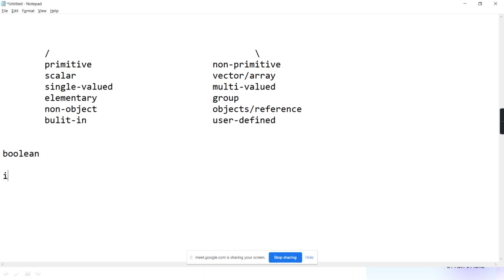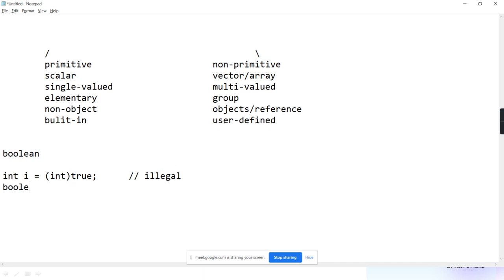I cannot convert, see here, int of true. This is illegal. What I'm trying to convert, a Boolean to integer, is illegal.